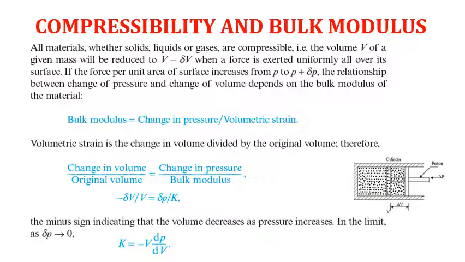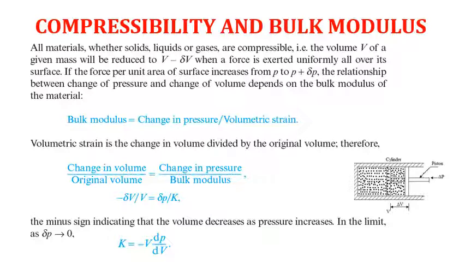Compressibility and bulk modulus. Let's assume we have a piston on which we apply a force, delta P, and the volume is reduced by delta V. So bulk modulus is basically the ratio of change in pressure to volumetric strain.